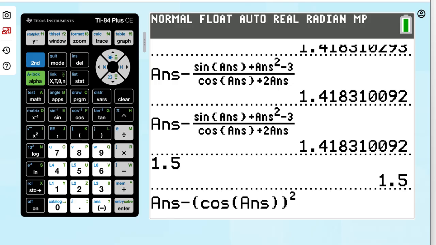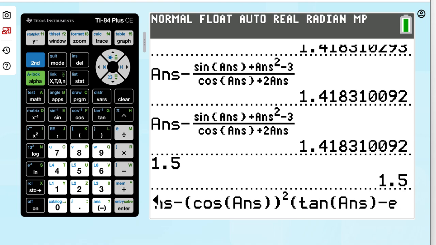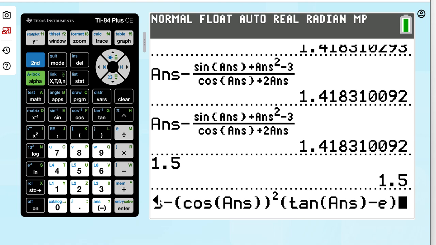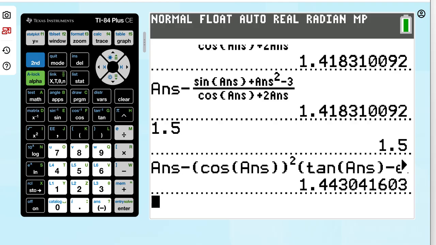And then we're going to multiply that by the tangent of our answer, and then minus e, and we'll close that parenthesis. And this, when we hit enter the first time, ought to give us some value here. That's x sub 1.